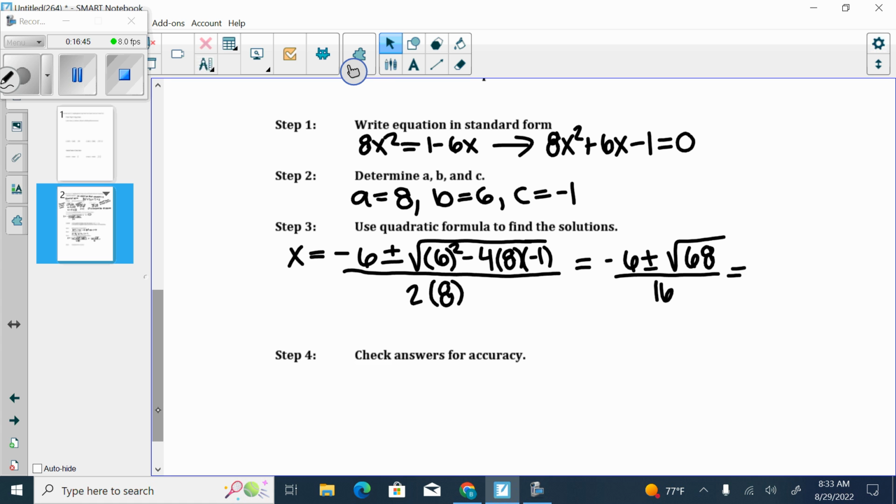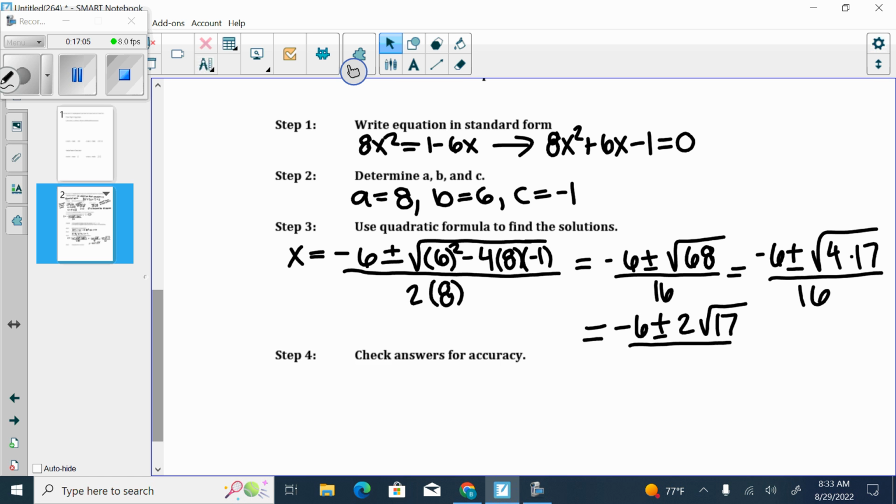Okay, so we would have negative 6 plus or minus. Like he said, we want to use 4, but it's 17 and 4, right? And we know that the square root of 4 is what? 2. So I can rewrite this as negative 6 plus or minus 2 square root of 17 all over 16. Okay? Because all of the numbers outside of the radicals here are even numbers, you could simplify all of those terms by 2, right?